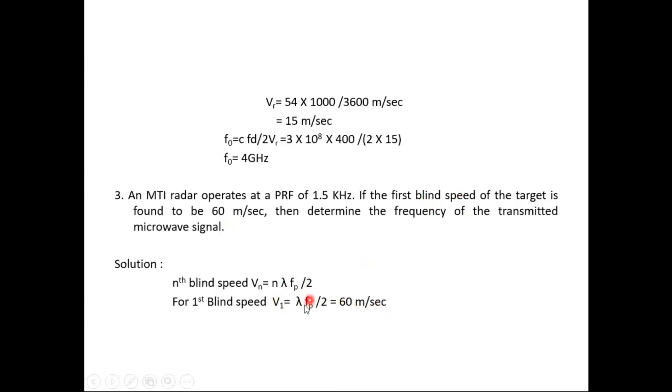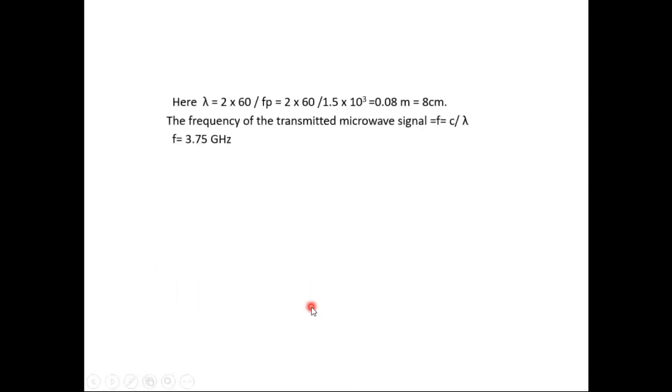From this we calculate lambda, because fp is given. Lambda is 2 into 60 by fp. With fp equal to 1.5 into 10 to the power of 3, after calculating we get 0.08 meter, or in centimeters, 8 centimeter.